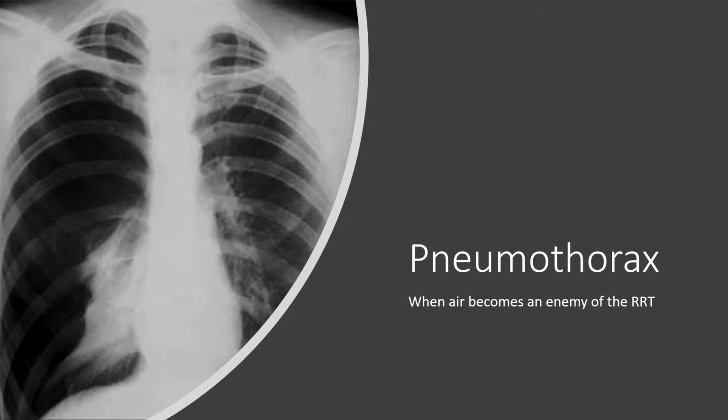So once again, you can have a hole in the visceral or the parietal pleura. And then there's that third type too, where it can develop from anaerobes in the pleural space, like from an infection. There are different types of pneumothorax out there. There's even something called a catamenial pneumothorax.